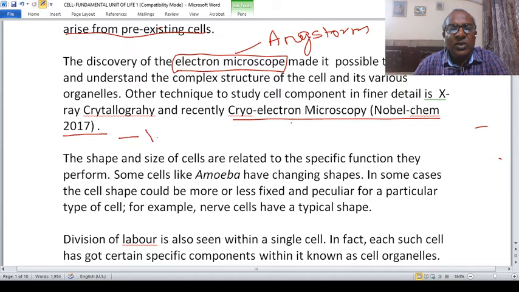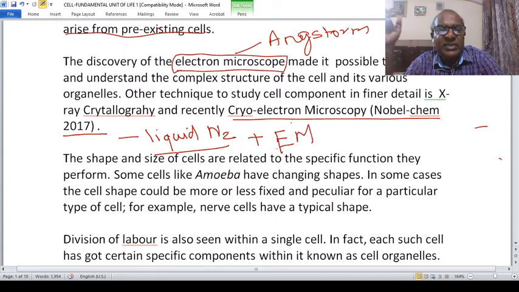So you use two things: liquid nitrogen and the electron microscope. They were used to study many viruses and other things. That is why the 2017 Nobel Prize in Chemistry was for cryo-electron microscopy. Sometimes UPSC does ask about the recent Nobel Prize.